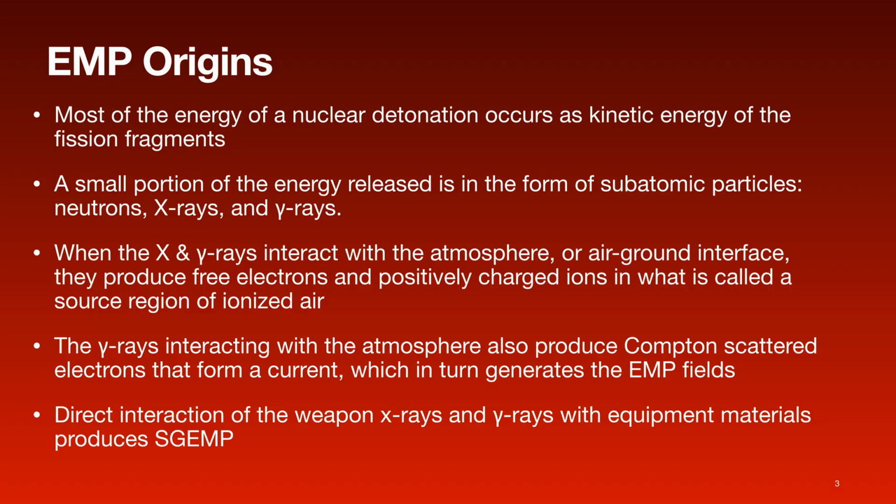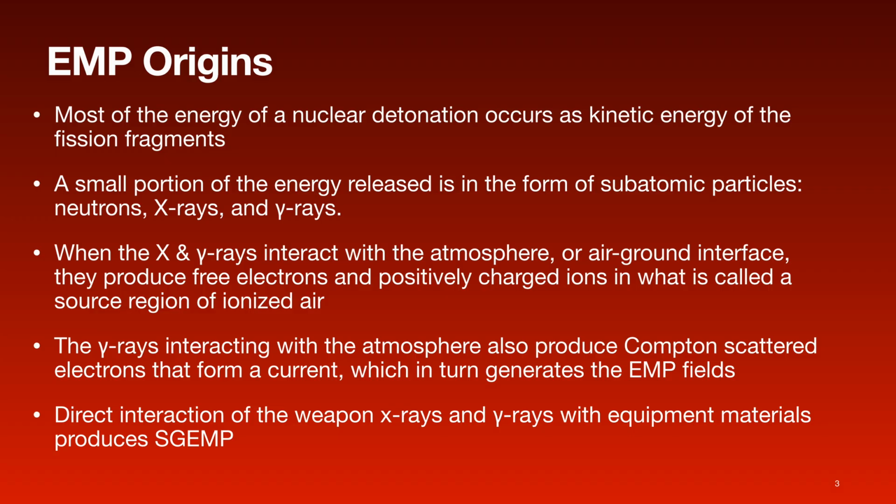A small portion of the energy released in a nuclear detonation is in the form of subatomic particles, and electromagnetic energy in the form of X-rays and gamma rays. When these interact with the surrounding environment, they create free electrons and positively charged ions to produce a highly ionized environment that is called the source region. The gamma rays also produce a current of Compton scattered electrons, which in turn create the large EMP fields.